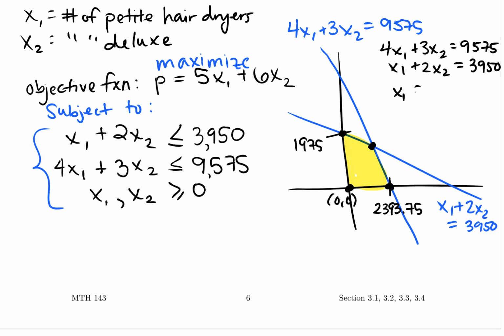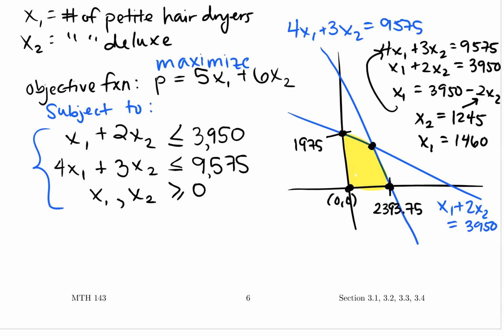So x1 would equal 3950 minus 2x2. We'll go ahead and plug that into the first one right here and solve from there. Let's see, that should give us x2 equals 1245, and then if we take x2 and plug it into our equation for x1 comes out to 1460.